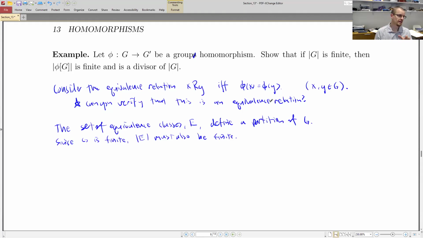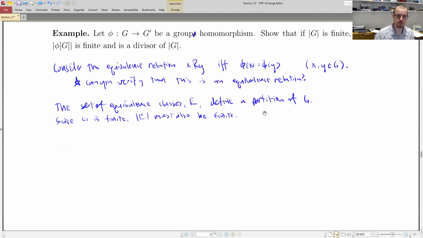We have a partition. I could partition every element into its own set. That's the most sets that I could create that would define a partition. Therefore, we must have a finite number of sets defining our partition.